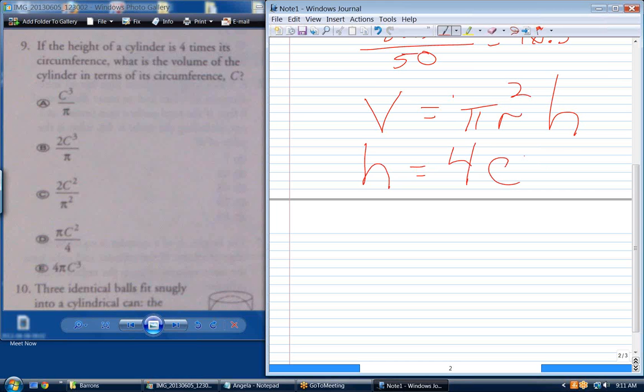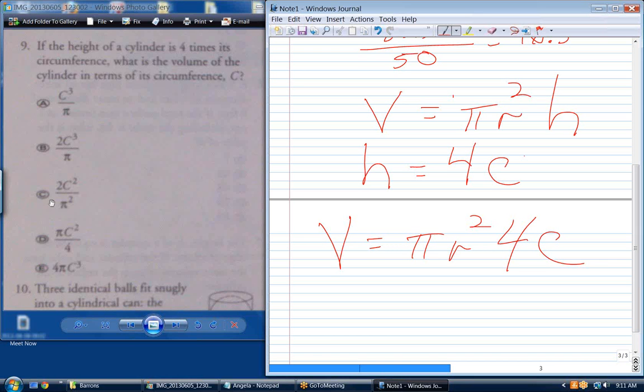They want volume in terms of circumference. Well, the very first thing I can do is this. So we're closer. But notice that radius isn't in any of our answers, so we have to solve for radius too.